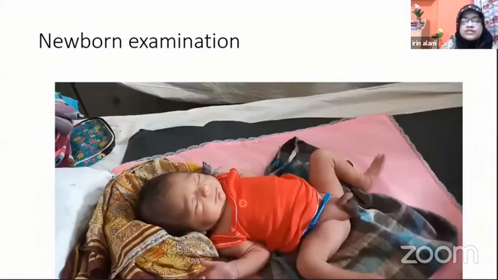Newborn examination. Question may ask, newborn examination. There may be a dummy of newborn, and there may be a question how to examine the newborn.